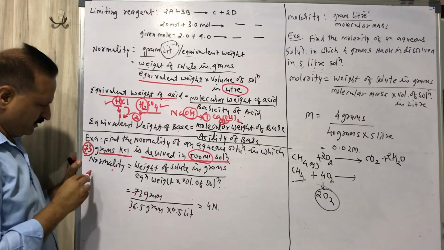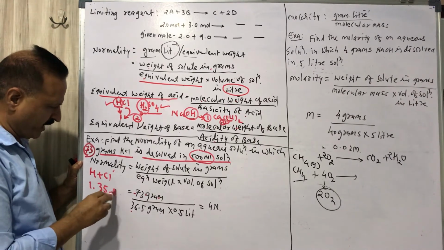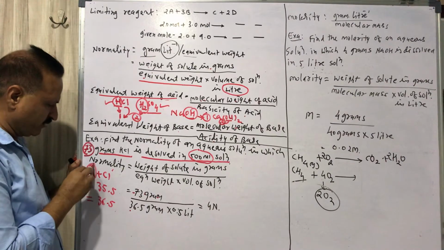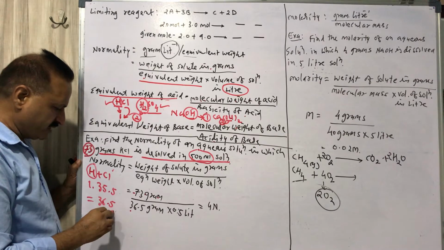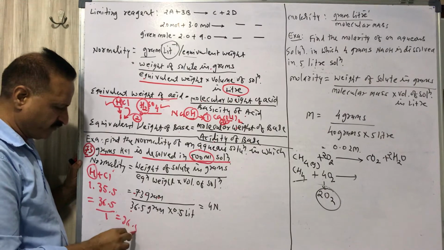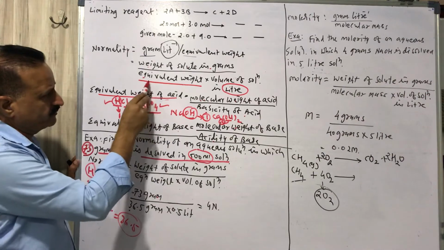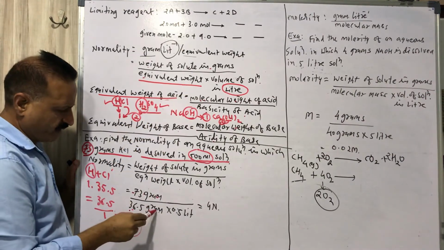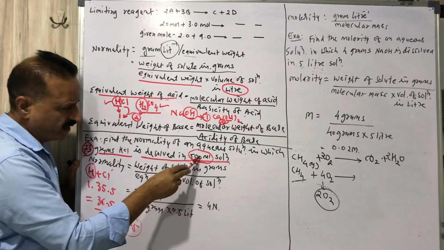The equivalent weight of HCl: H plus Cl, H is 1 and Cl is 35.5, so it is 36.5. The number of H is 1, so the equivalent weight of HCl is divided by 1, which is 36.5. So the equivalent weight of the acid is 36.5 grams, and the solution is 500 ml.